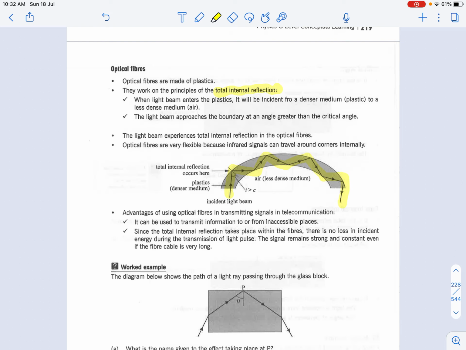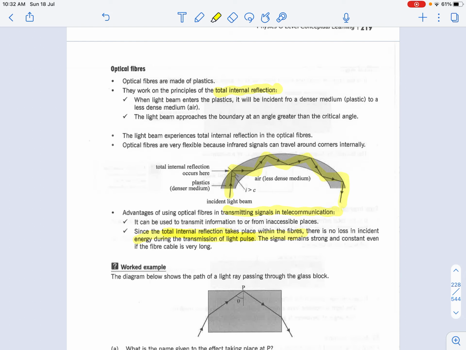So this can be used to transmit information to or from inaccessible places, mainly for transmitting signals in telecommunication. And since the total internal reflection takes place within the fiber, there is no loss of energy, and therefore the signal will be strong and constant even if the fiber cable is very long. So how is this able to convert itself to voice?